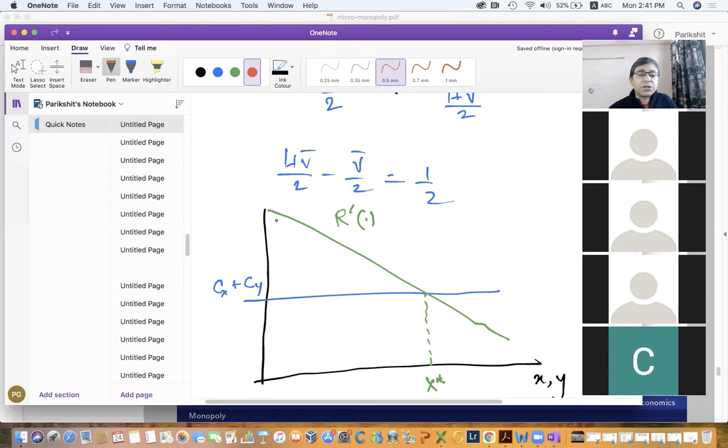Now, if the merger didn't happen, remember the equation we just had on the slides? It's R prime plus a negative term involving R double prime, which means the left-hand side in that case is a curve which is lower. That curve's intersection with this combined cost line gives us X double star, the output that would take place if there was no merger.